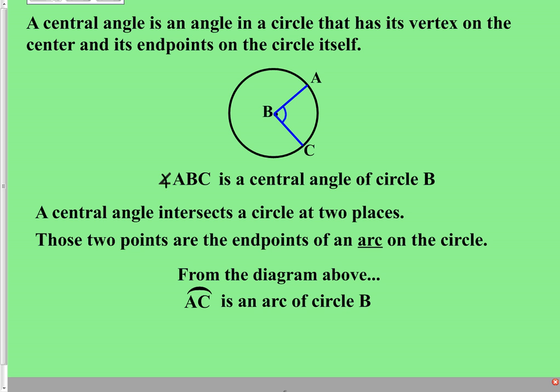But we also came up with a structure that we probably already knew, which was an arc. An arc is a portion of the circumference of a circle, and arcs are named by their endpoints, from where those radii make contact with the circle itself. So in the circle up there, we had arc AC.